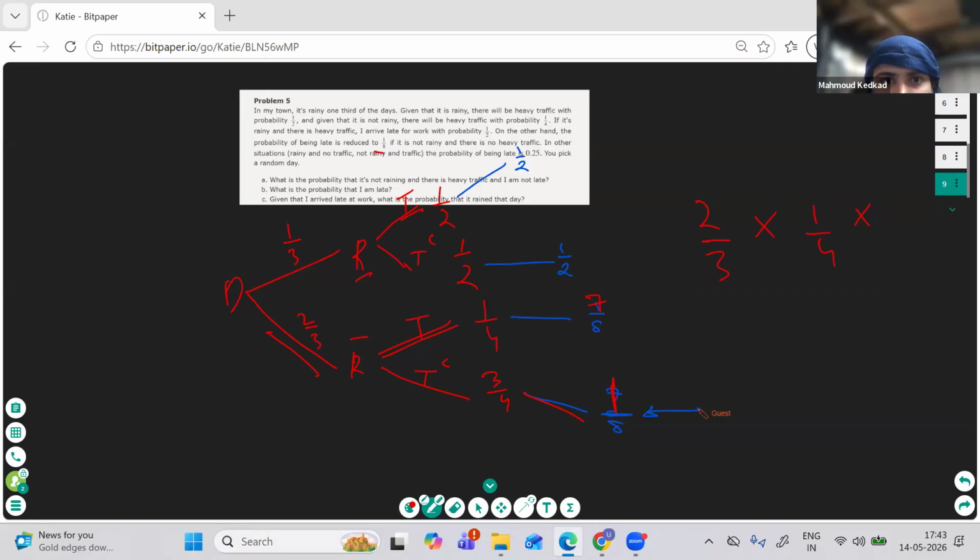In other situations where it's rainy, no traffic. Let's see, complement. Not rainy. And traffic. It reduces to 1/4. That's not raining, so 2/3. And there is heavy traffic, so that's 1/4 times, and then she's not late. So that's 1/8.